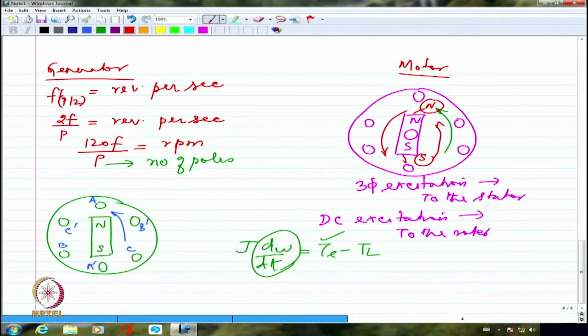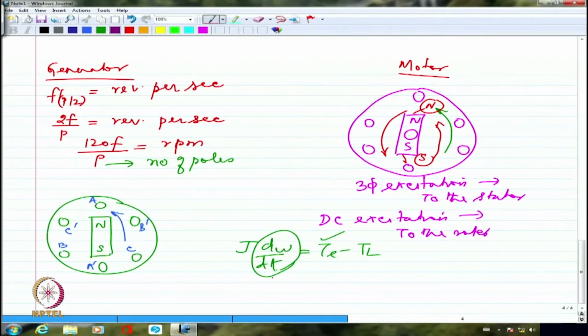So generally I am going to have definitely a problem of starting in the synchronous machine, especially when it is working as a motor, unless I bring it very close to the synchronous speed and then allow it to lock up. So the synchronous motor is not going to be self-starting.